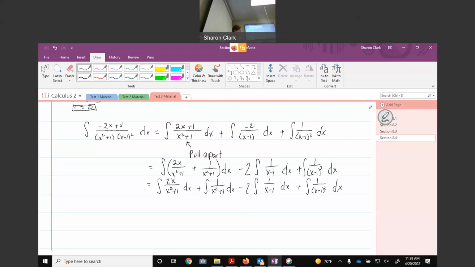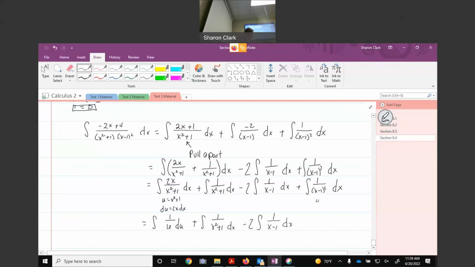All right, so let's do our u substitution. u equals x squared plus 1, du equals 2x dx. So this is the integral of 1 over u du plus the integral of 1 over x squared plus 1 dx minus 2 integral 1 over x minus 1 dx.